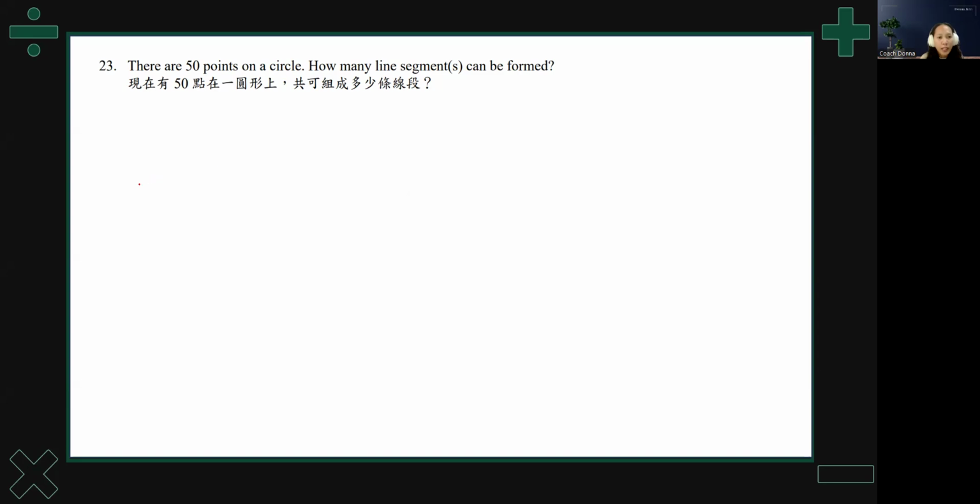Another shortcut, not the NCR, is that you'll have to add the given number of points minus 1, plus number of points minus 2, plus so on and so forth until you'd end up with 1.